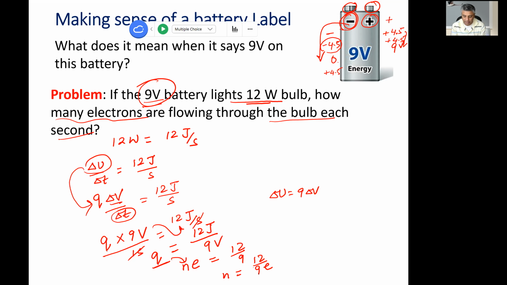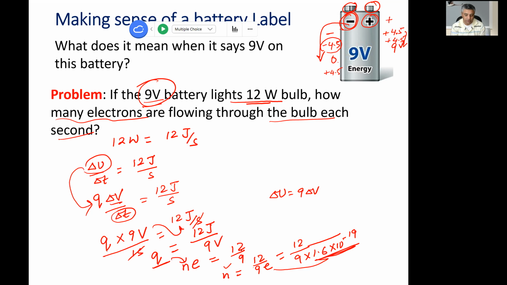Not Q, but 9E. So 12 times 9 times 1.6 times 10 to the power negative 19. So that's the value of E, right? So we have a number, that's how many electrons are flowing. It's a lot. Trillions of electrons are flowing per second in a wire when you connect it to a 9-volt battery. So that's what it is saying. Okay, so that's how we can use it.